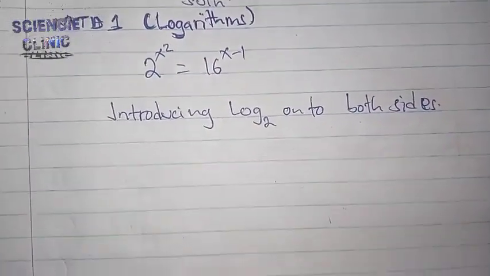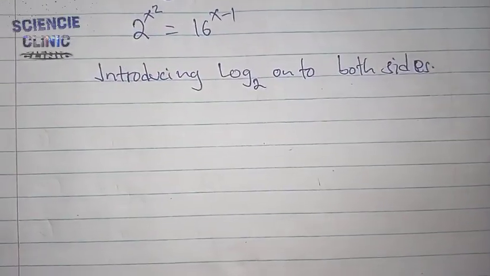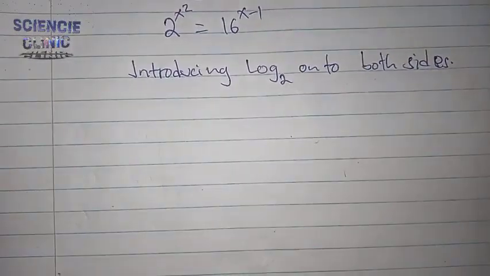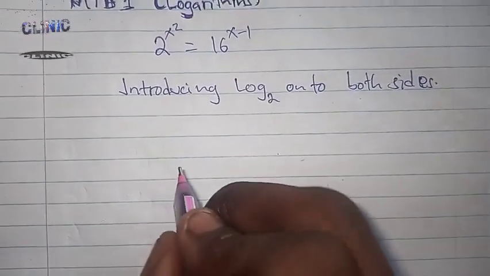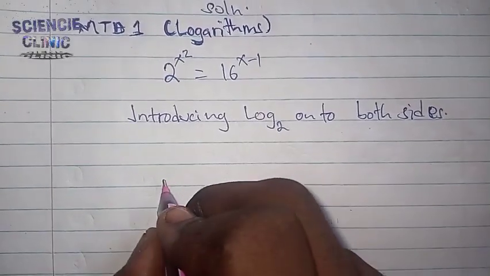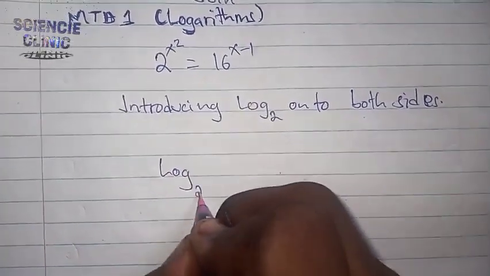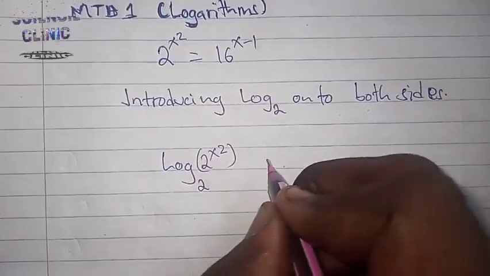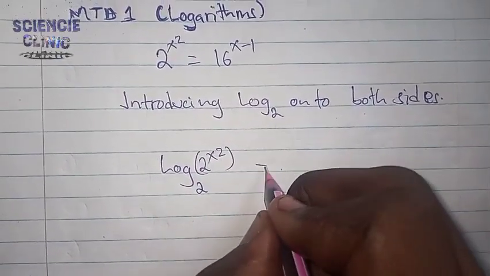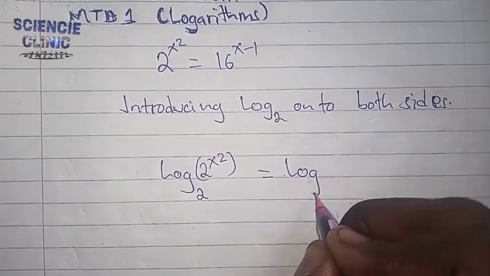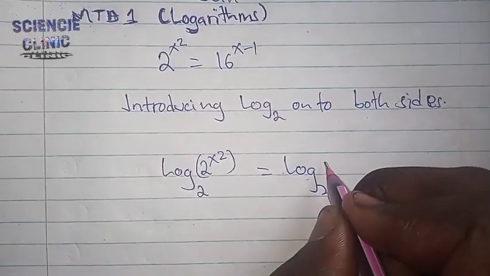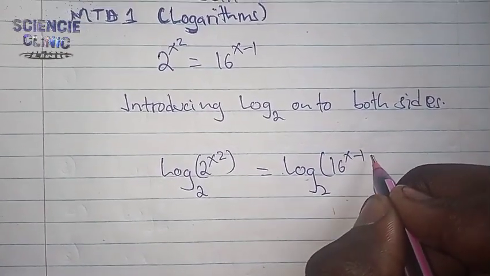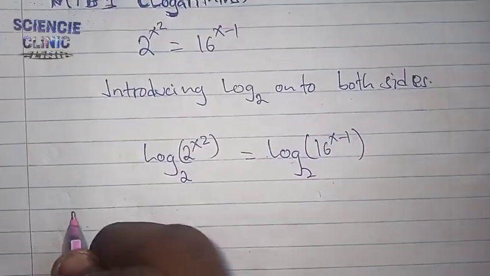Now what are we going to have after introducing log base 2 on both sides? We are going to have log base 2 of 2 power x squared, which is going to be equivalent to log base 2 of 16 to power x minus 1.